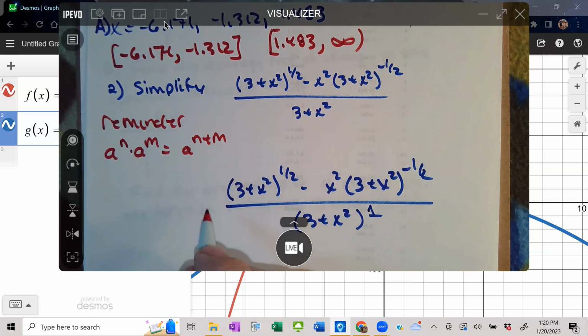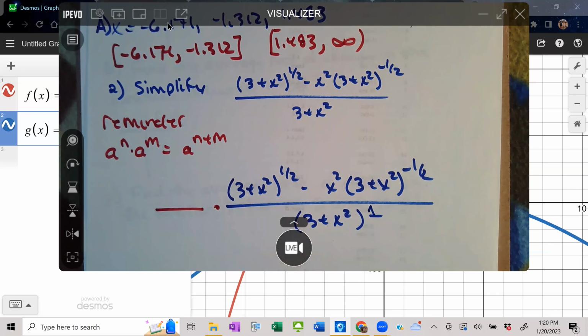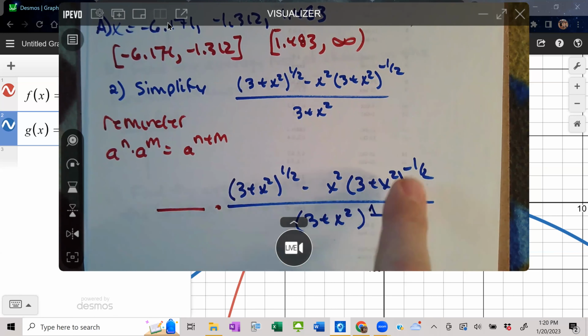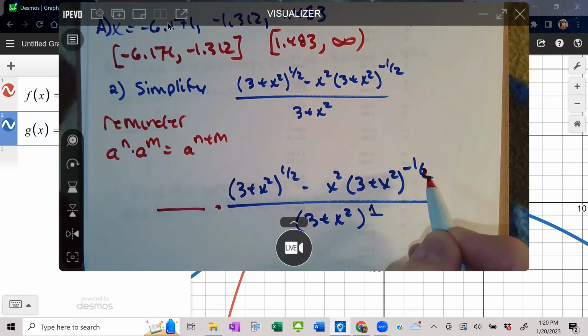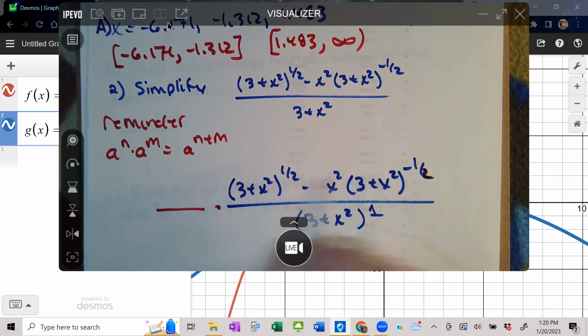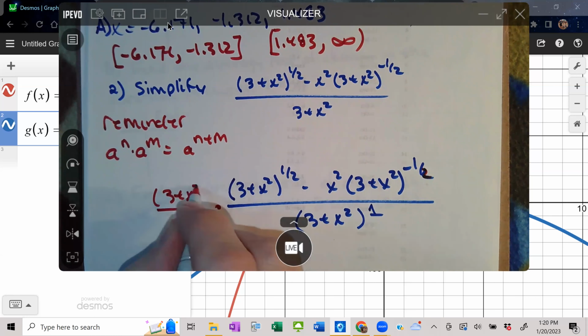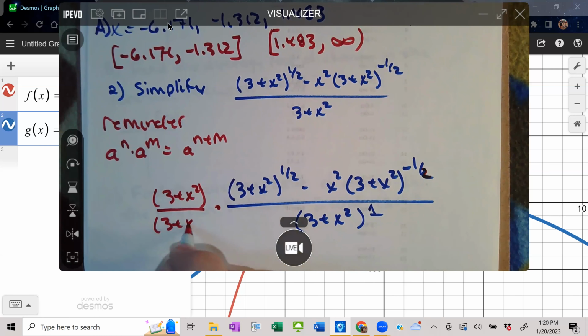So here's what I'm going to do. As advertised, I'm going to multiply by 1. I'd like to get rid of this. And to get rid of this, the exponent has to be 0. What do I have to add to negative 1/2 to make this 0? So I'm going to multiply by something. So I'm going to multiply by 3 plus x squared over 3 plus x squared.